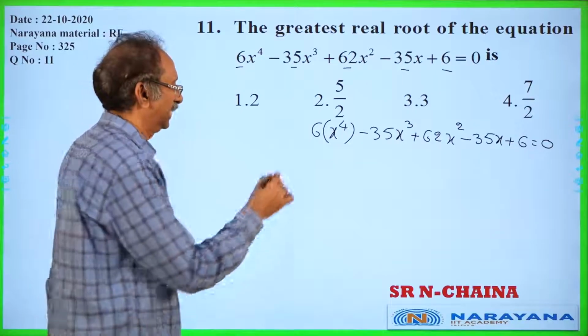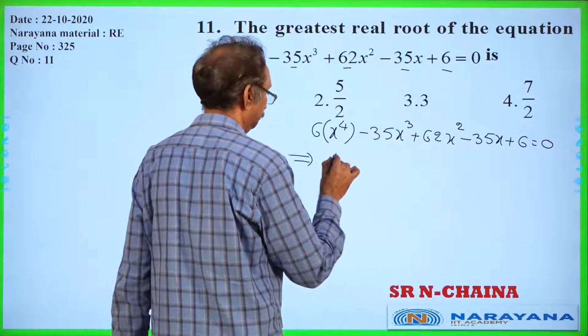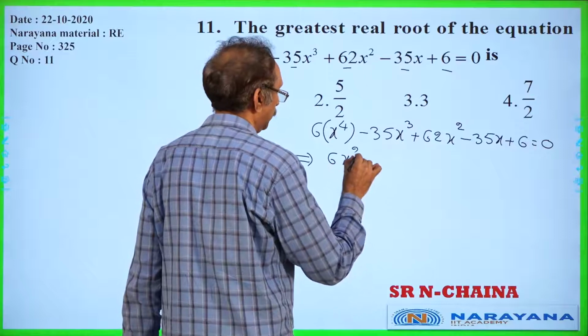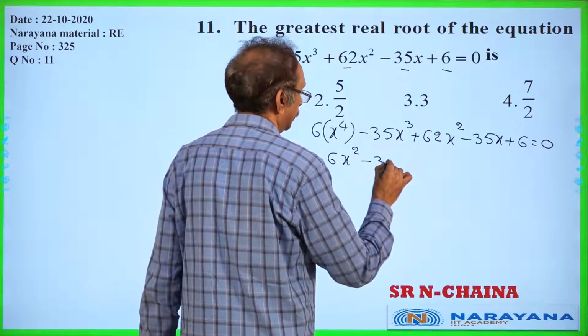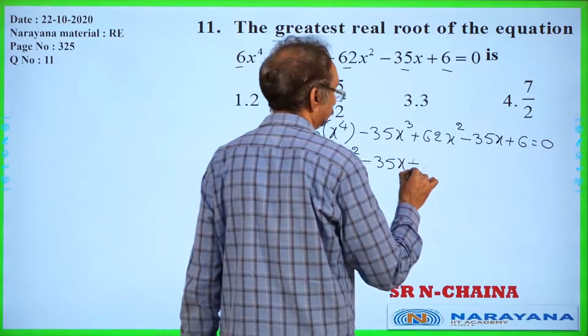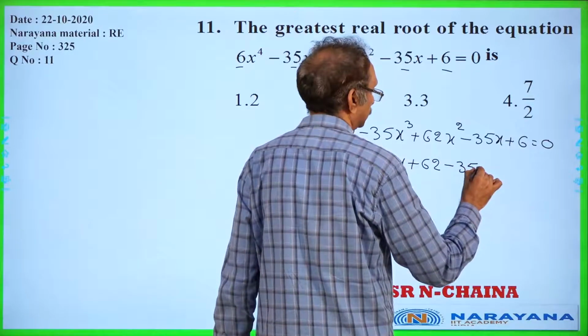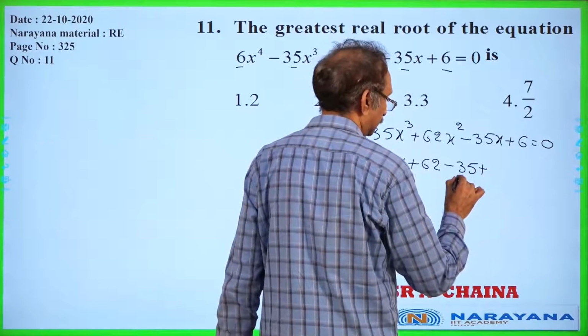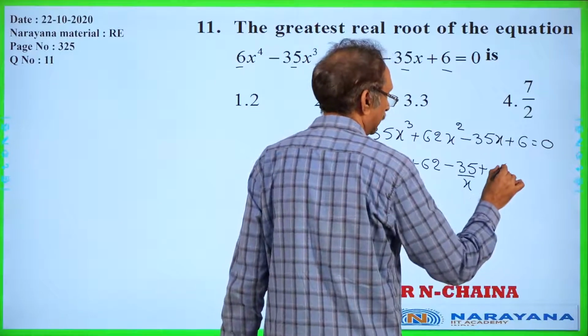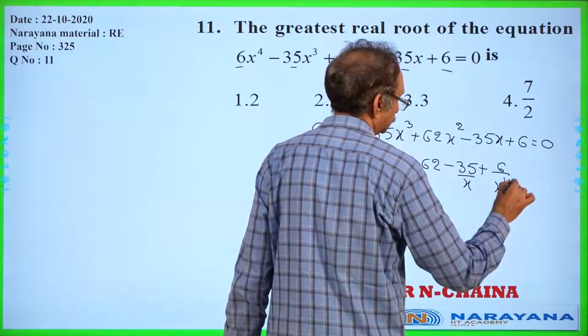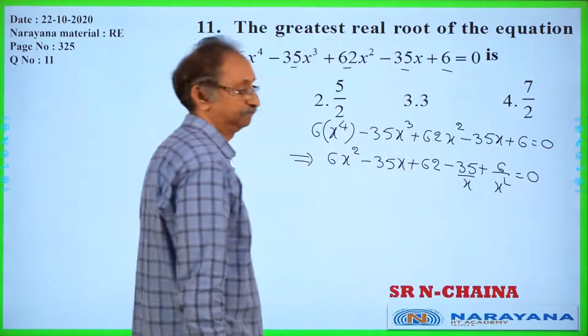Right, and divide with x square: 6x square minus 35x plus 62 minus 35 by x plus 6 by x square is equal to 0.